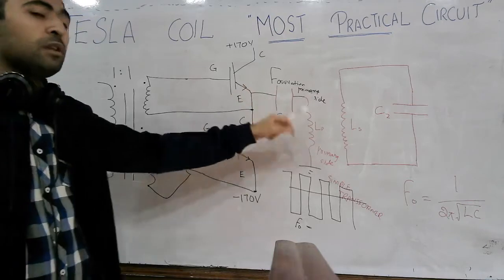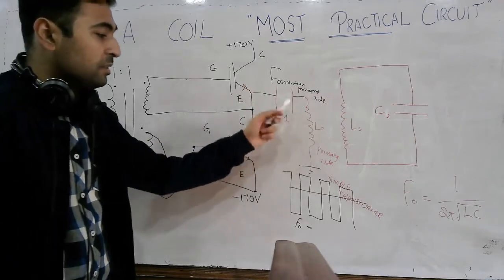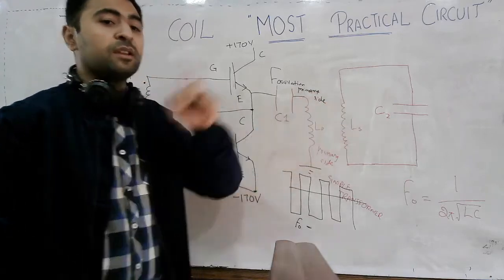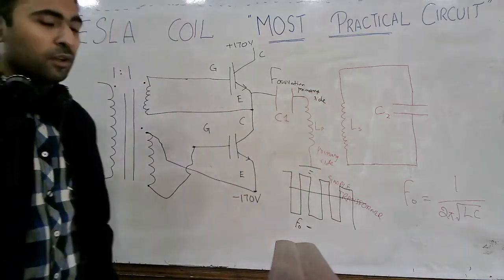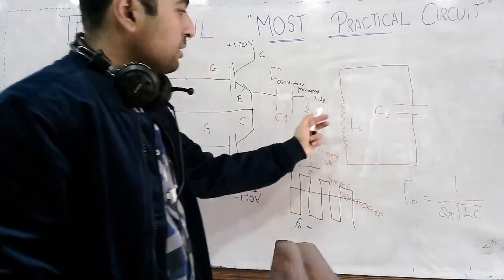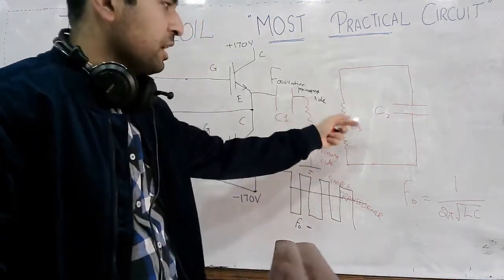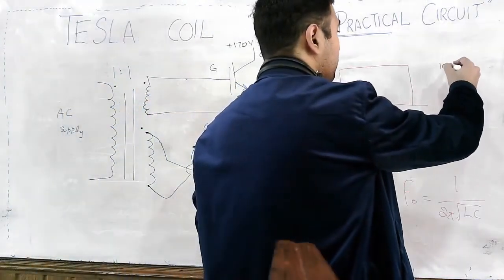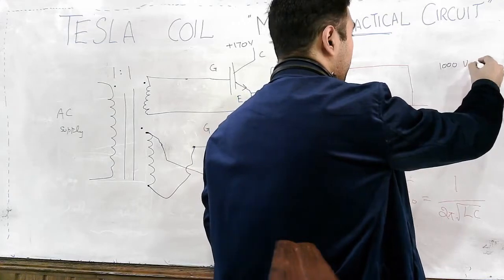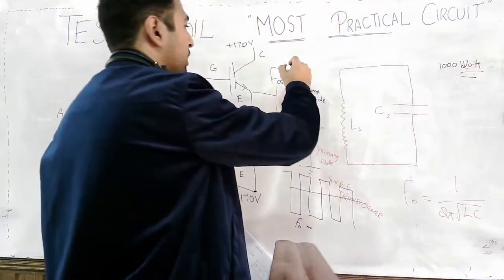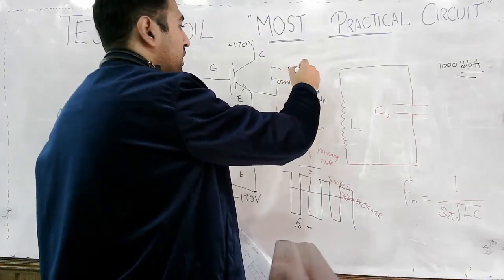and in this way, when this circuit resonates, that same frequency will be transferred to the next circuit, and this will resonate as well. And since there is a transformation in voltage, the voltage here will be in the thousands of kilovolts, while the voltage here is just 5 to 10 kilovolts.